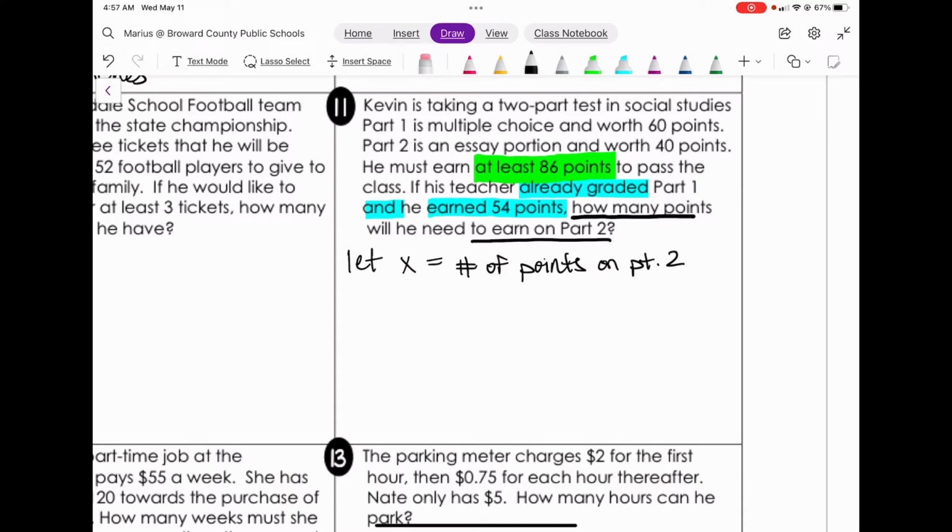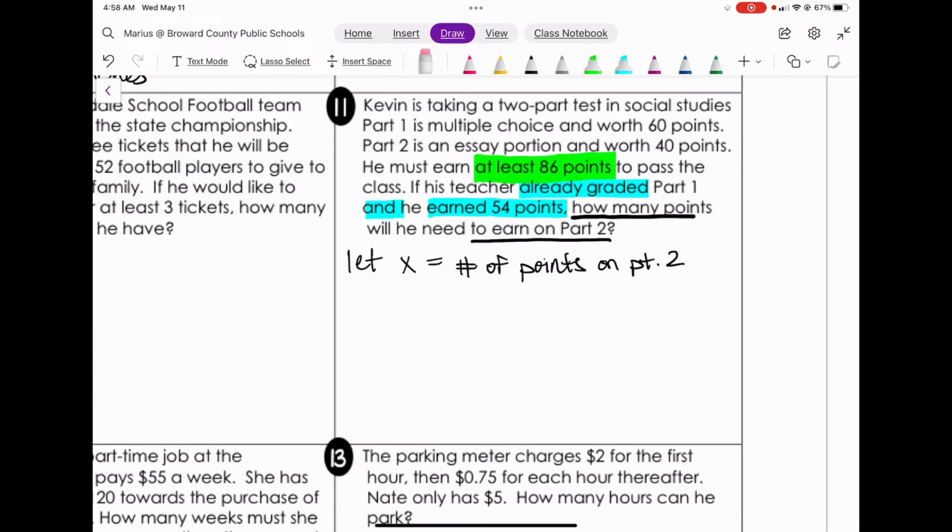Some people may say another way to represent x, we could say let x equal the score on part 2. That's another way to say it. So if you and a partner, one of you wrote the number of points on part 2, somebody else said the score on part 2, y'all would be saying the same thing two different ways. It's like somebody saying this is lit, somebody else saying that was cool. Y'all are both saying the same thing, just using two different ways of saying it. But I'm going to erase this second one, and let's keep on going.